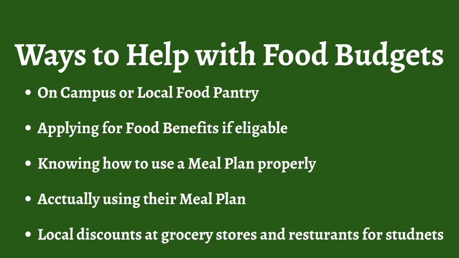Now, a great tip I have is to make sure you both fully understand what is included in their meal plan. So a great example is that many schools now, they will have where you have meal swipes, so swipes that your student can use in the dining hall or other food locations on campus. And then they'll have some sort of flex cash that can be used around campus at more of the convenient type stores.